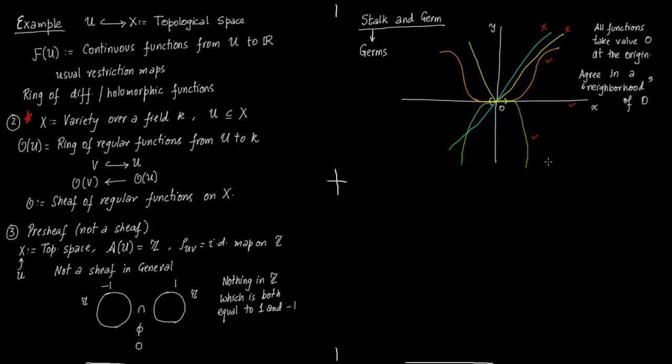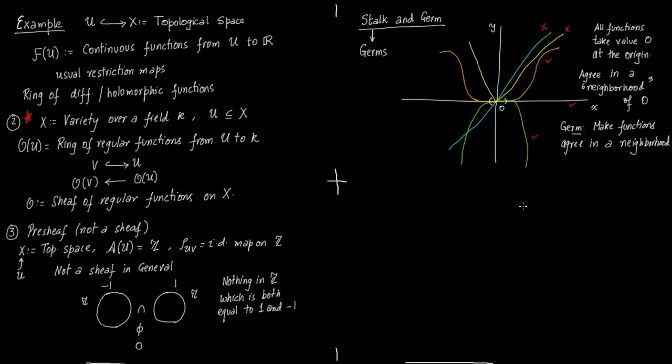There is a small tube around 0 on which all these functions which I have ticked vanish, and the functions I have crossed out do not vanish in this small neighborhood, and that is an important point. So germs make functions agree in a small neighborhood, so not only at a point but in a small neighborhood.